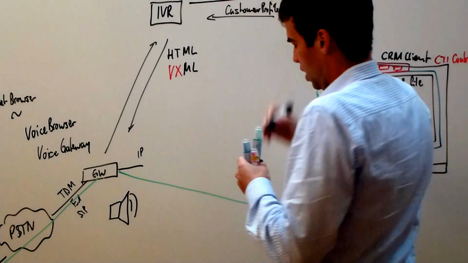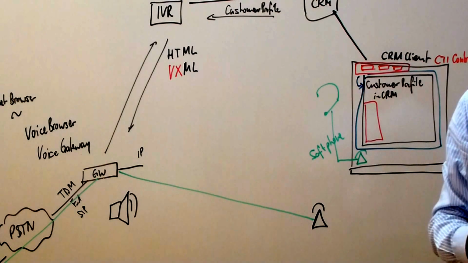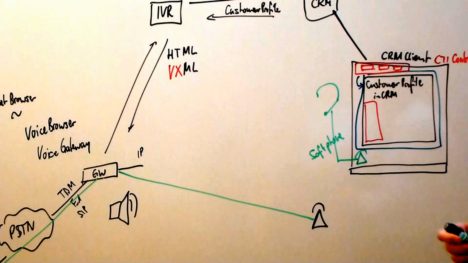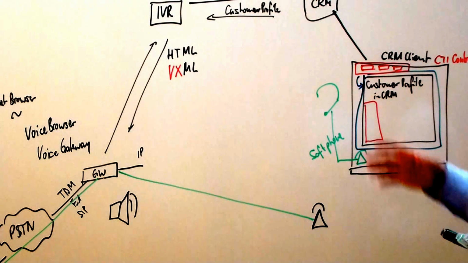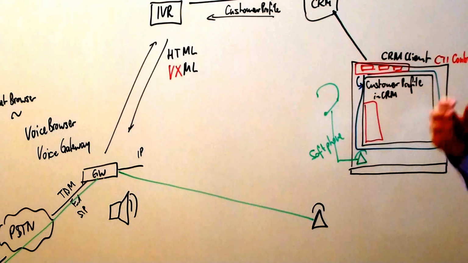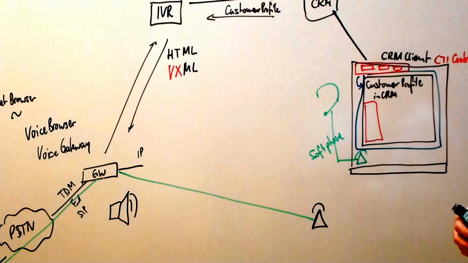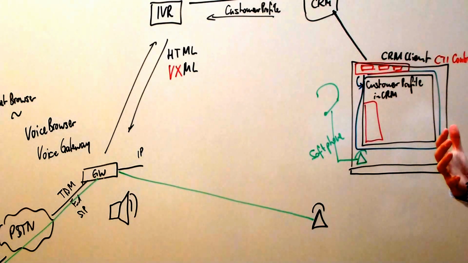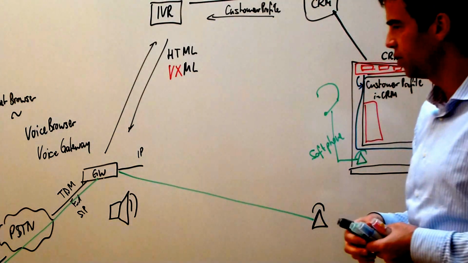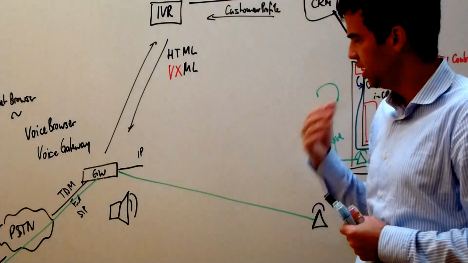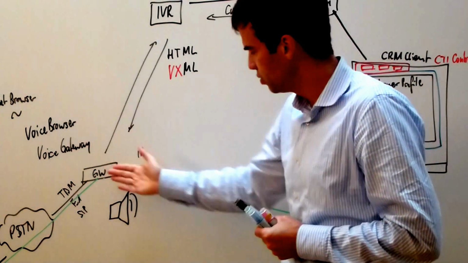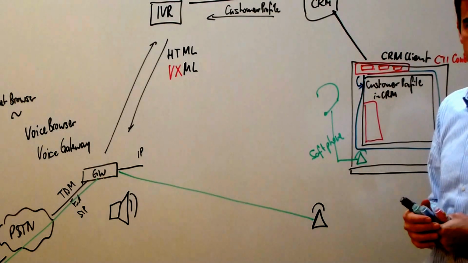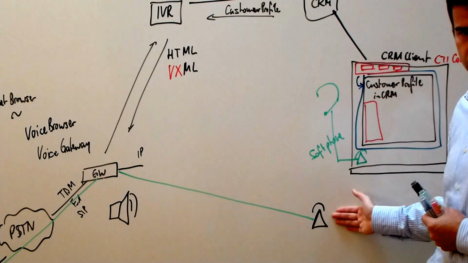Okay. Now, regarding deployments, let's assume that you have multiple contact center sites. And here the whole idea of IP-based contact center becomes very interesting because, let's assume that you have callers coming in from, say, France, and you want to route them to a hosted call center or agents in Morocco, for example.